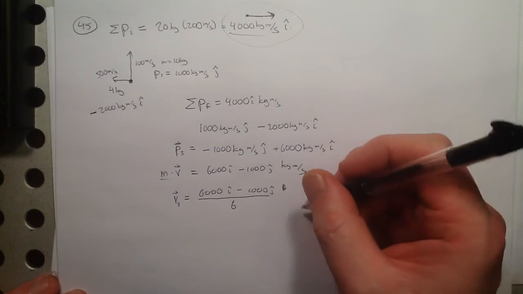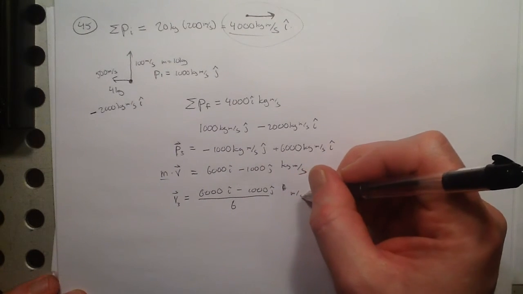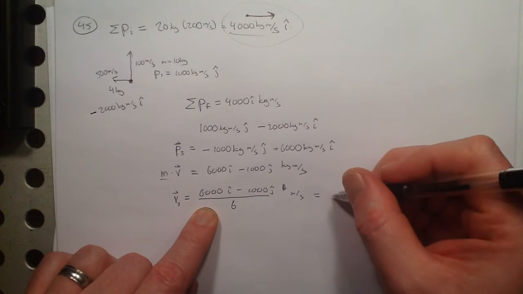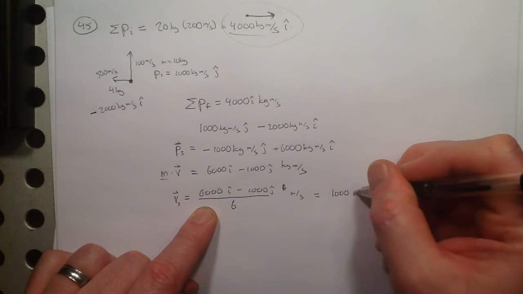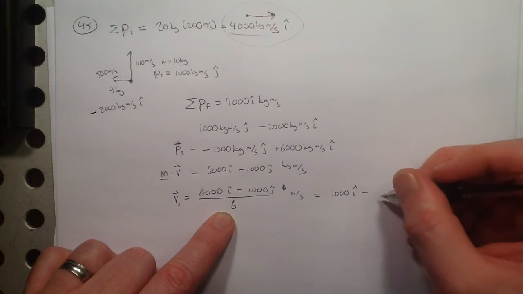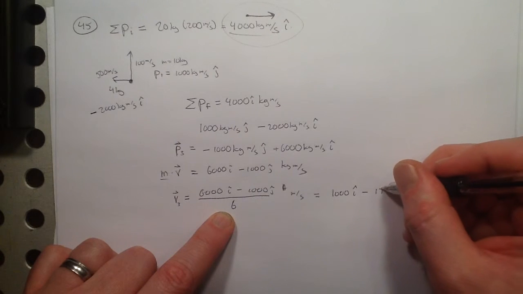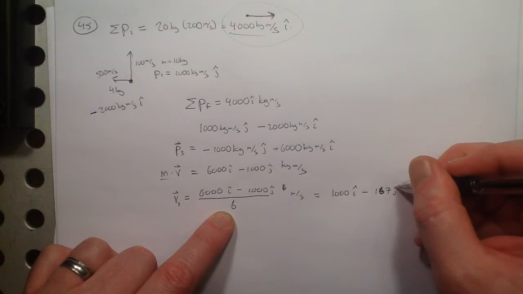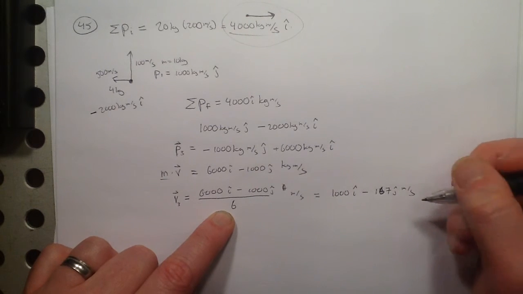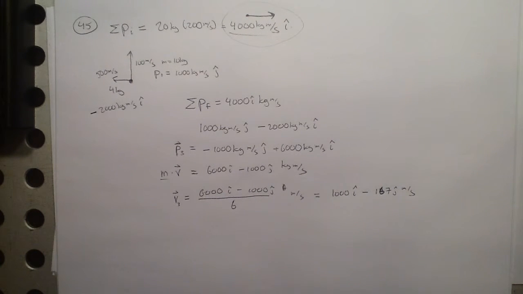Divided by the mass. And that would give me velocity. So what is that in unit vector notation? Be 1,000 I minus, is it 167? All right, I think. J, meters per second. That would be the velocity in unit vector notation. And that looks good. Agreement with the book.